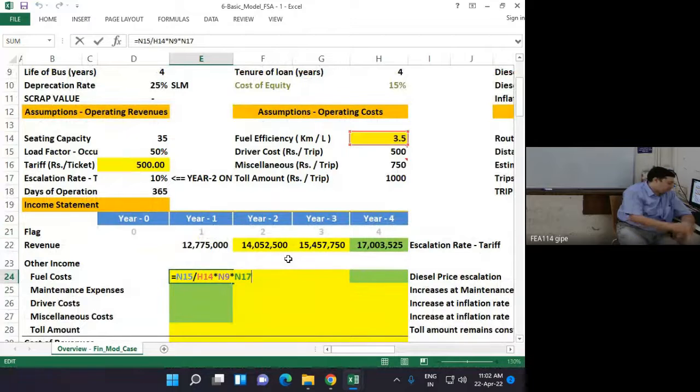Into number of days per year to get that, 61 lakhs and some odd. Here is the formula for diesel or fuel expense for year 1.